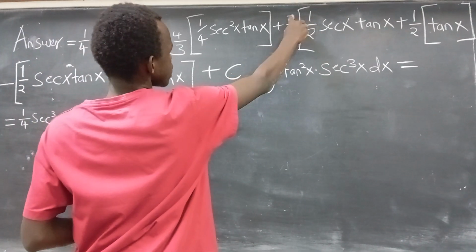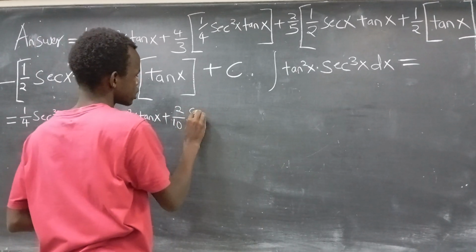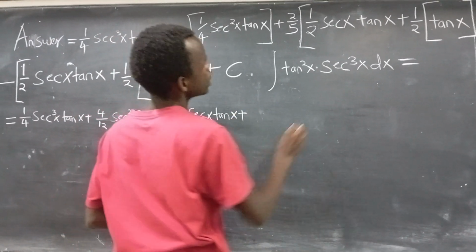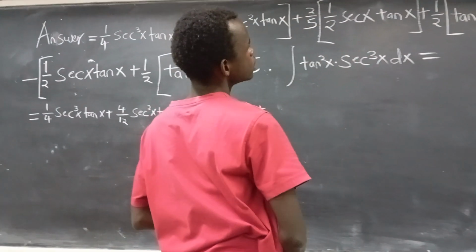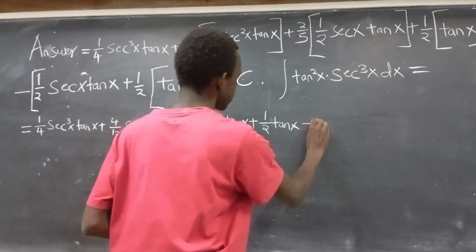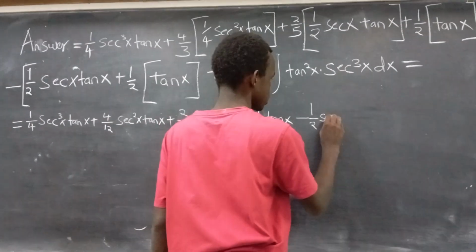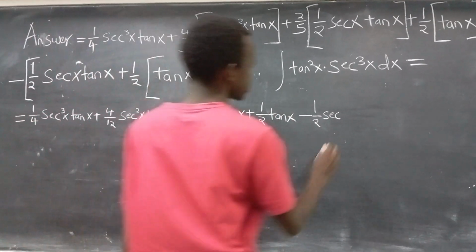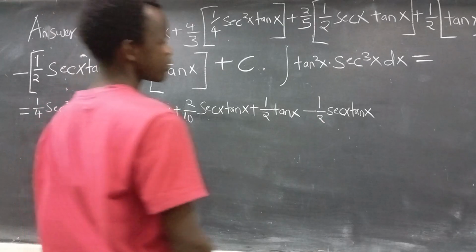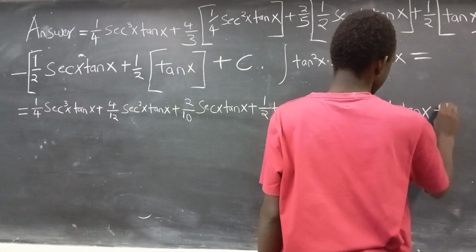Now, this multiplied by this, I'll get 2 over 10 secant of x tangent of x plus, again this ends from here, a half tan of x minus this part, a half secant of x tangent of x plus a half tangent of x plus a constant c.